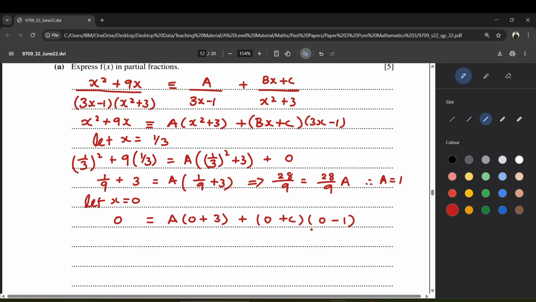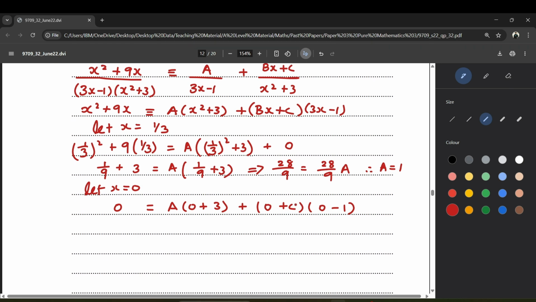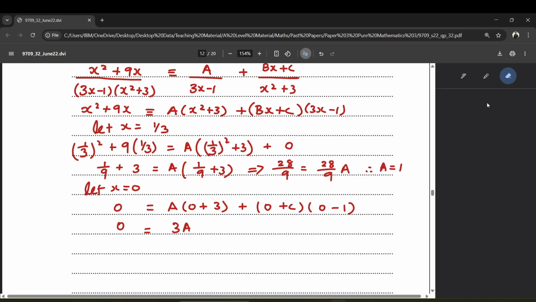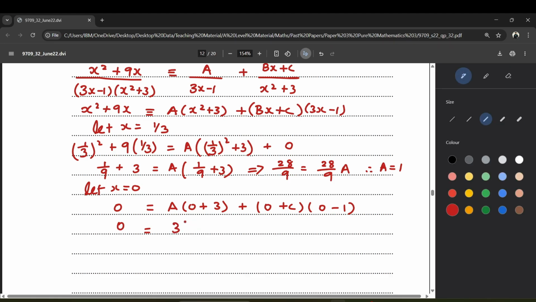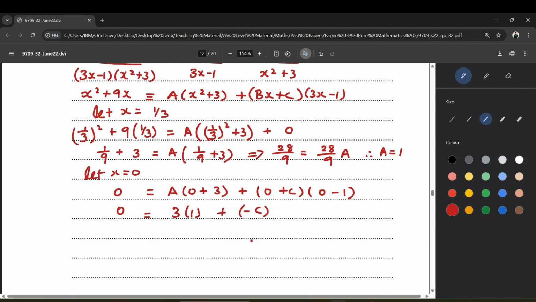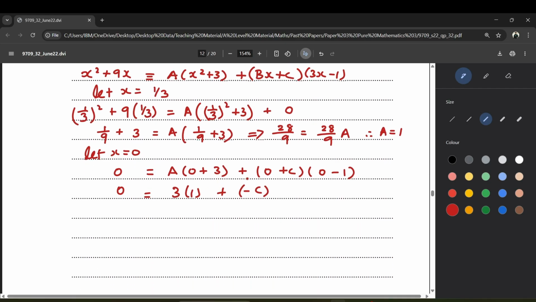So don't be too hasty into thinking that if I do this 0, everything is going to become 0. All right, so this is 0 equals 3a, and now we have already found the value of a, right? So we can now substitute. It is 1 plus, this becomes minus c, right? So now if I move c to the other side, c becomes positive, so therefore c is equal to 3.